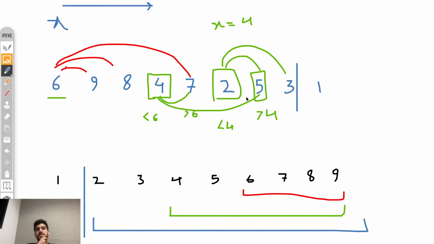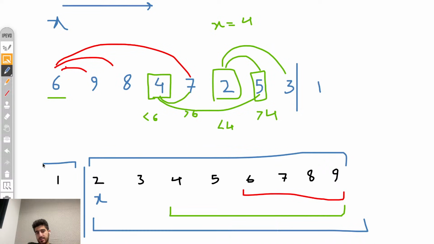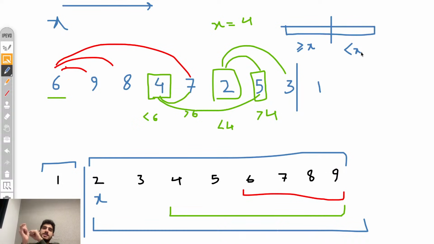So assume that at some point we stop, we cannot expand anymore. How does it look like? It means that for some x, we have seen everything that is greater than x, and we haven't seen anything that is less than x yet. So in our array, we have seen some interval with everything greater than or equal to x, but nothing less than x, because if we saw something less than x in there, we would expand that interval.